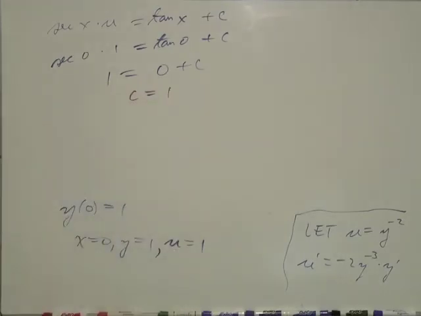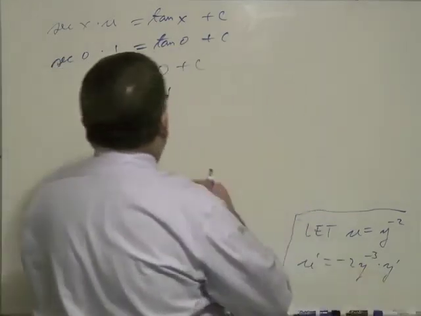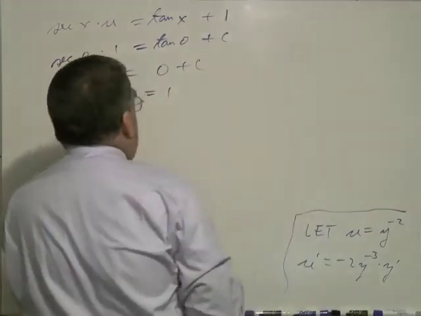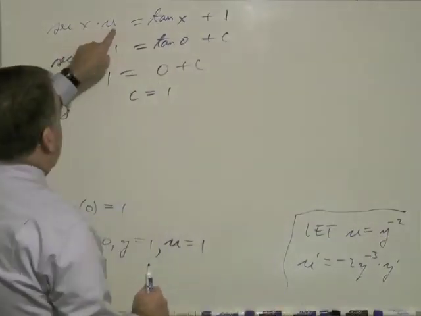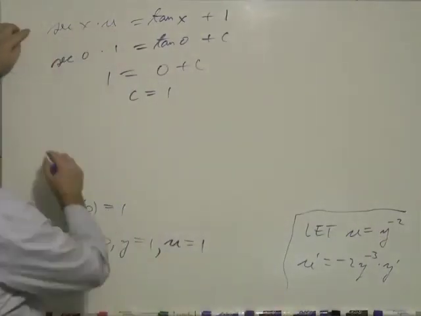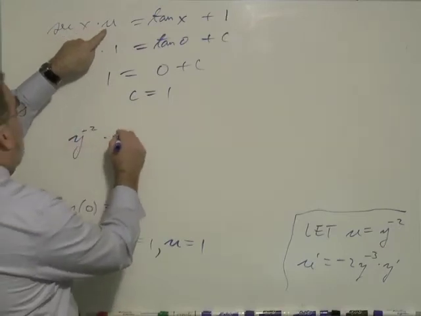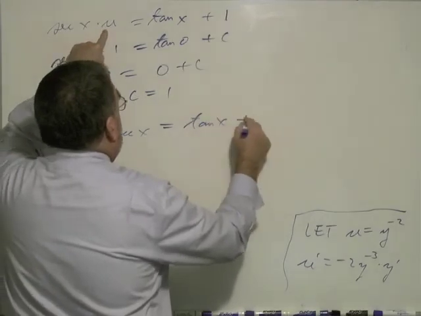All right, well, so I'm going to go ahead and replace the c up here with a 1. And now let's go ahead and replace the u with y to the negative 2 power. So I end up with y to the negative 2 times secant x equals tangent x plus 1.